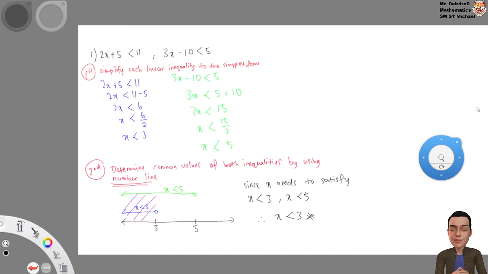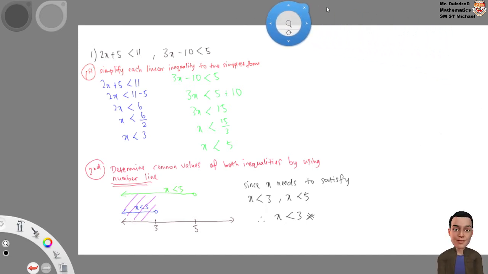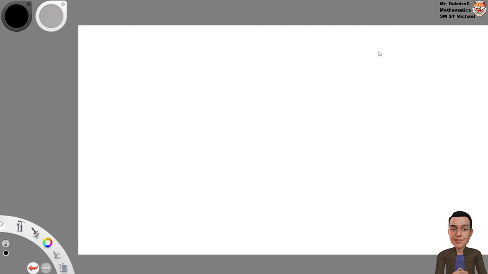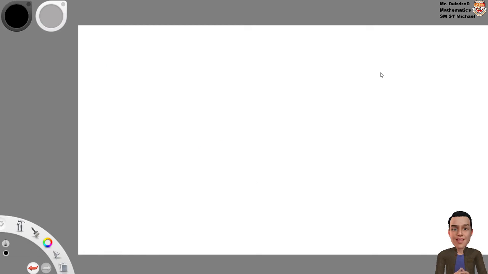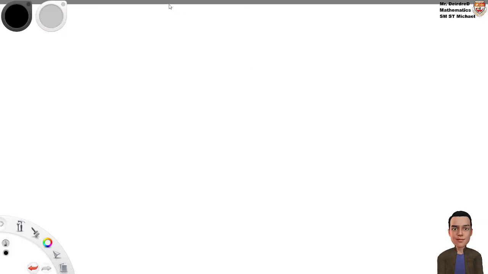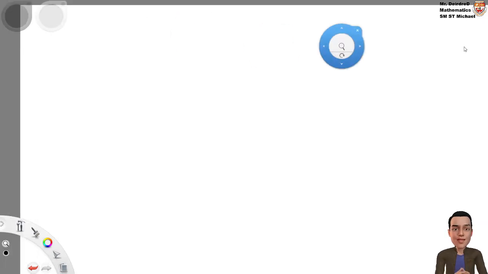We are going to discuss another question so that you can understand a bit more. This one is the first question. Now we look at the second question.